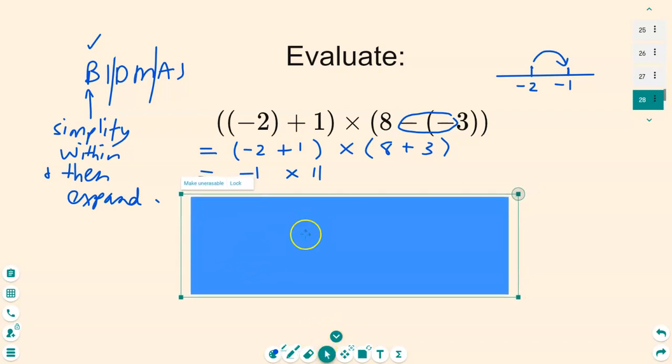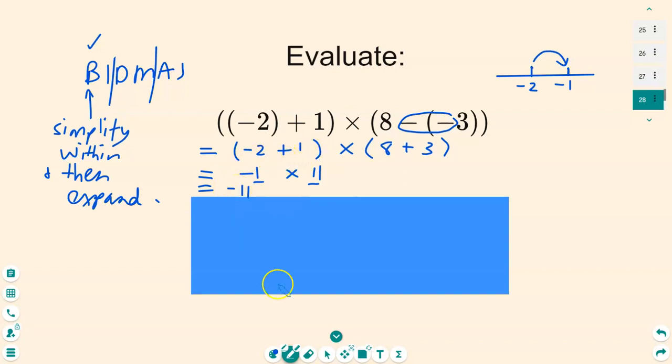And we need to evaluate, which means get a single value. So we've got to keep simplifying. With multiplying and dividing integers, ignore the signs at the start. So just do 1 times 11 is 11, and then put in your sign. Negative times a positive, or different signs, gives me negative.